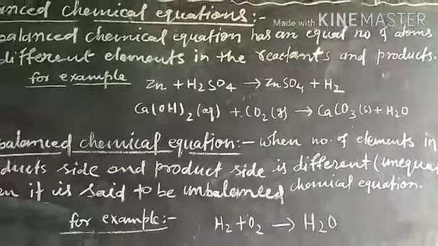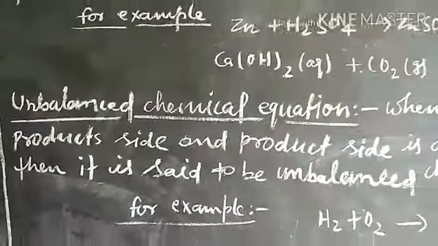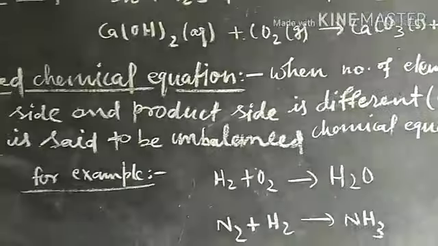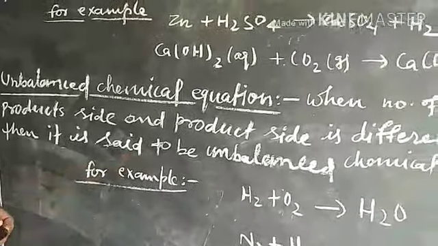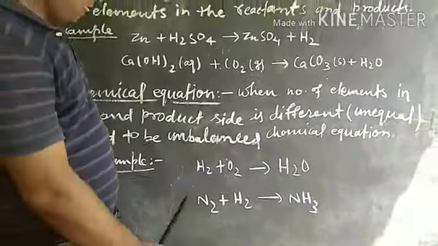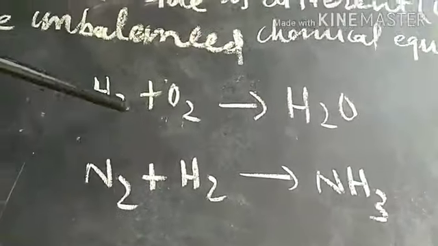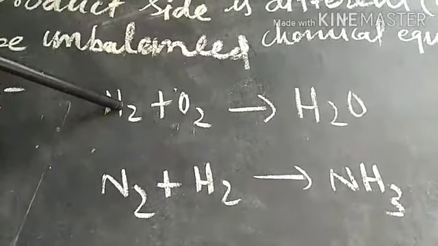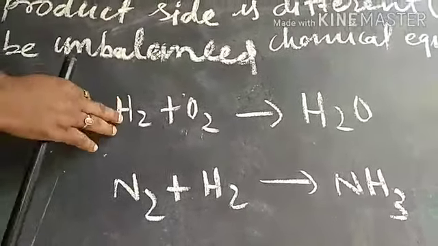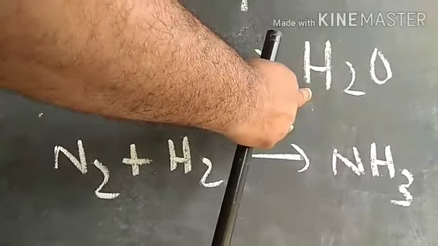Now come to the unbalanced chemical equation. An equation is said to be unbalanced when the number of elements on the reactant side is unequal to the number of elements on the product side. For example, here H2 plus O2 gives H2O. Here, H2 means 2 hydrogen atoms on the reactant side and 2 hydrogen atoms on the product side.